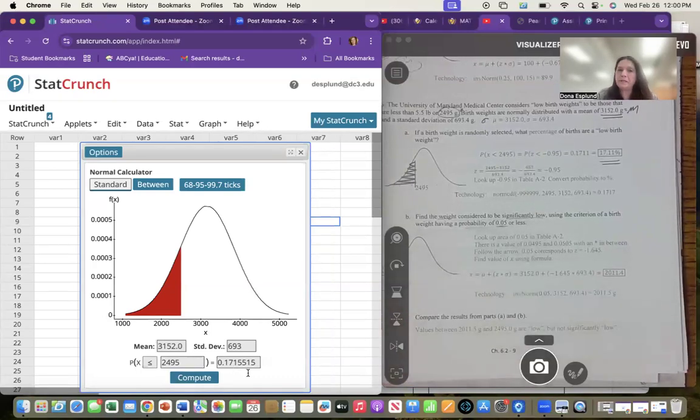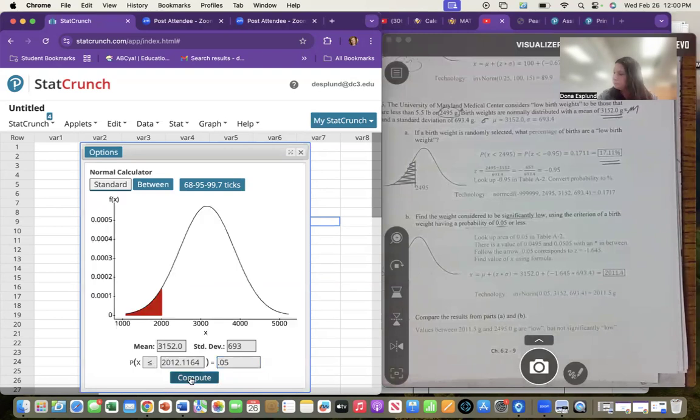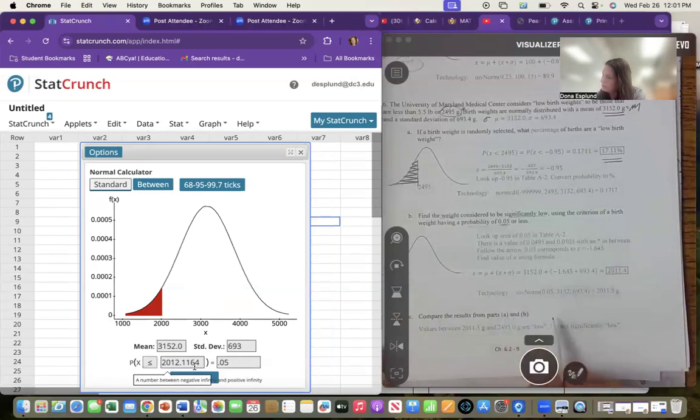I've got my mean and my standard deviation in there, and I'm given my probability of 0.05. I'm going to be looking for the area that is less than that. So let's compute it. And notice I get an amount that is close, but I'm not quite there.